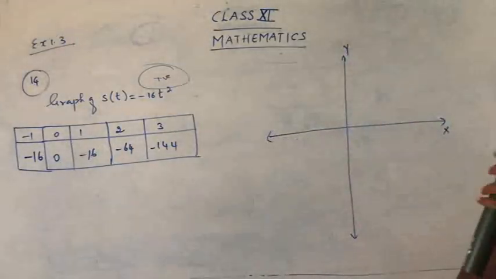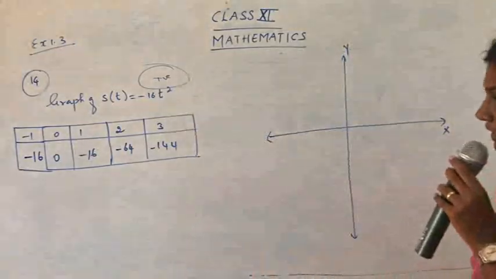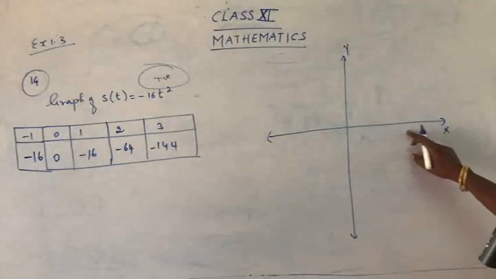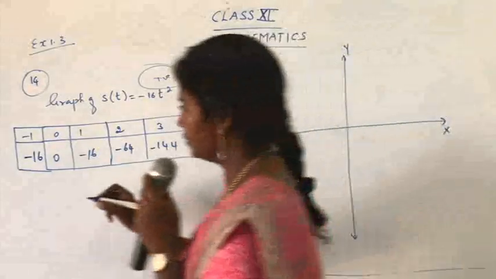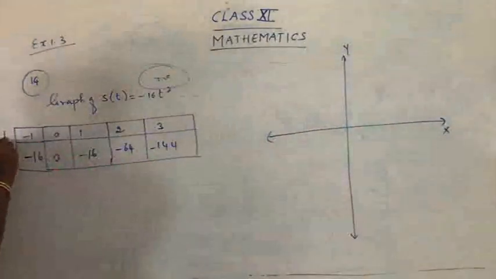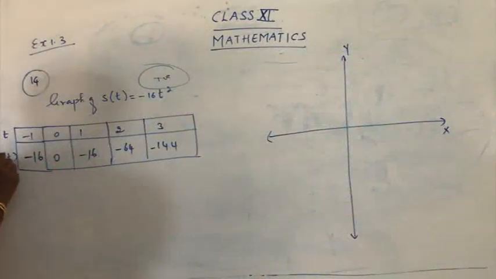We are going to plot x-axis and y-axis, and here we are going to plot the time. This is t and this is s of t. We have taken the values for t and s of t.